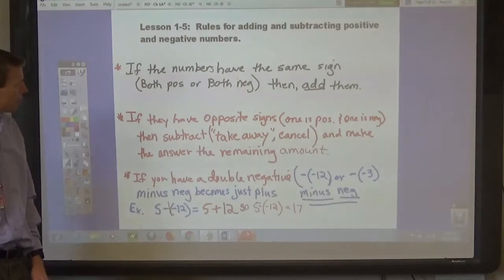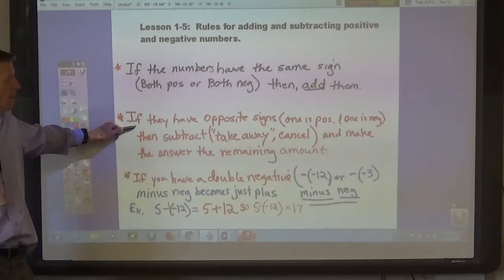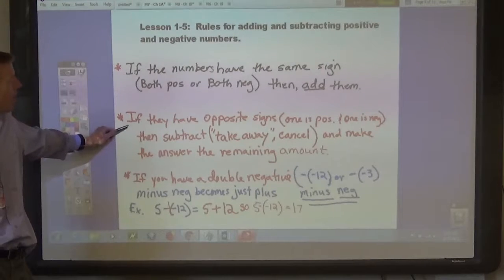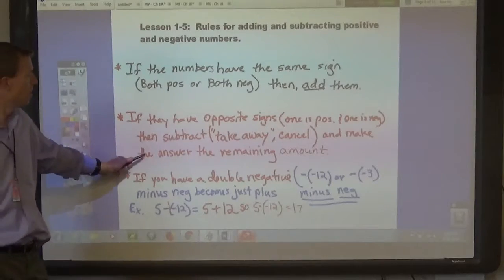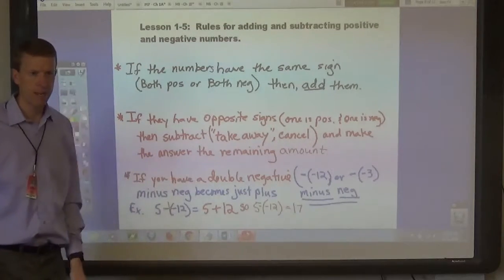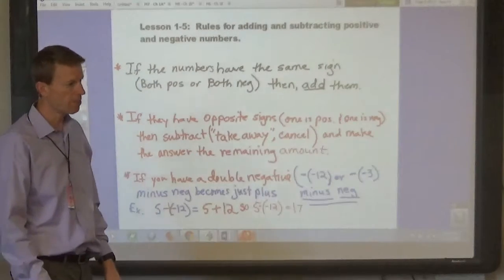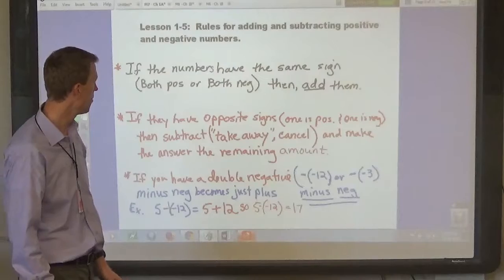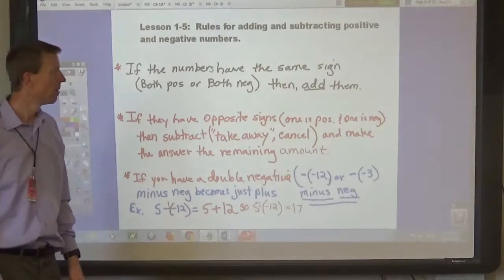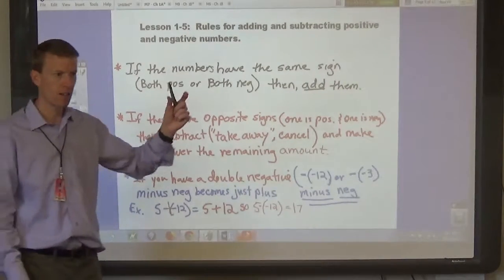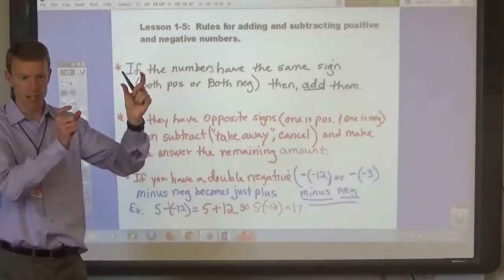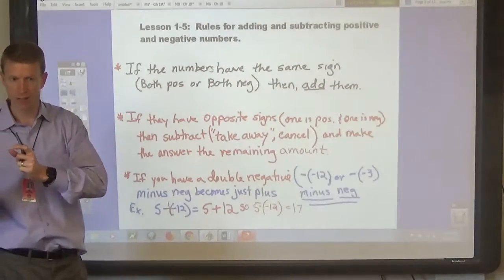Yep. Now, when the numbers have the opposite sign, what you have to do is subtract their absolute values, and the answer is the remaining amount. What you should do is subtract the smaller absolute value from the larger absolute value.